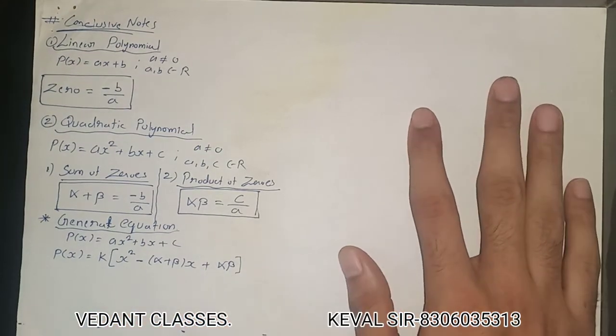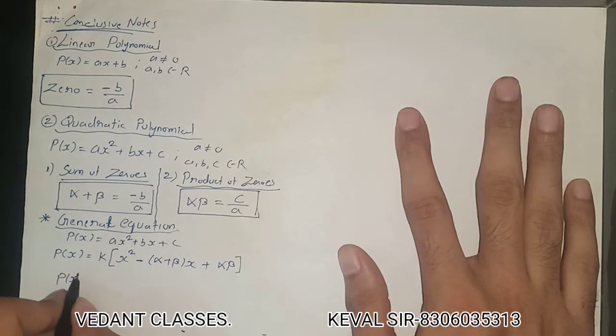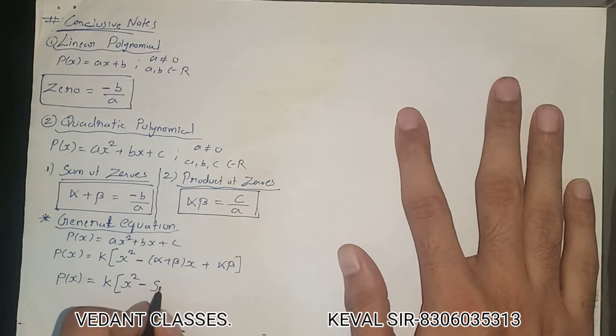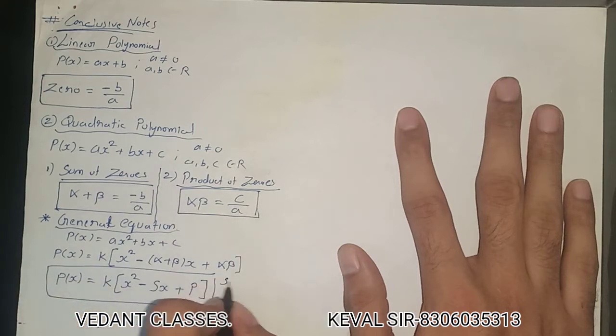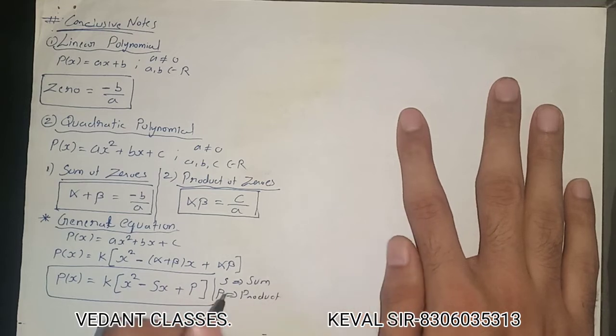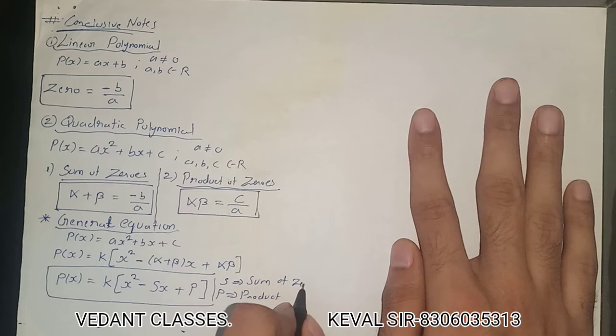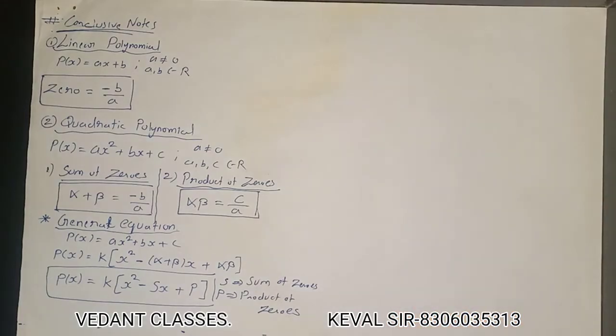You can also remember this equation like this: p of x is equal to k x square minus sx plus p, where s is the sum of zeros and p stands for the product of zeros. In short, you can remember this important equation that will be helpful for you to solve the short questions.